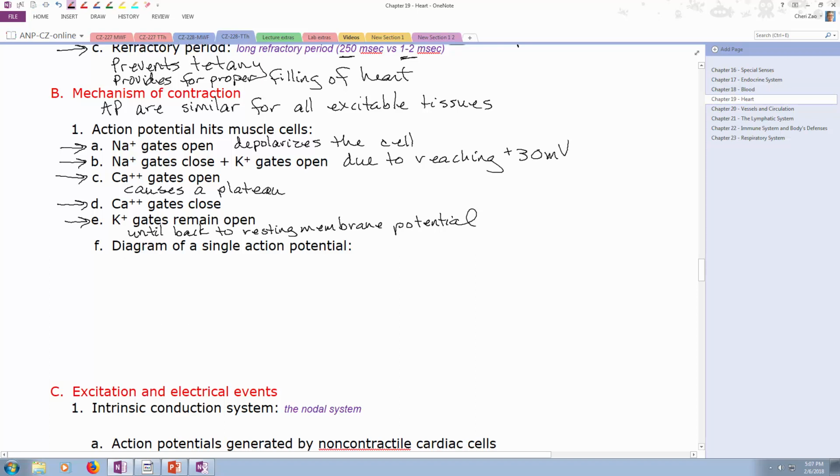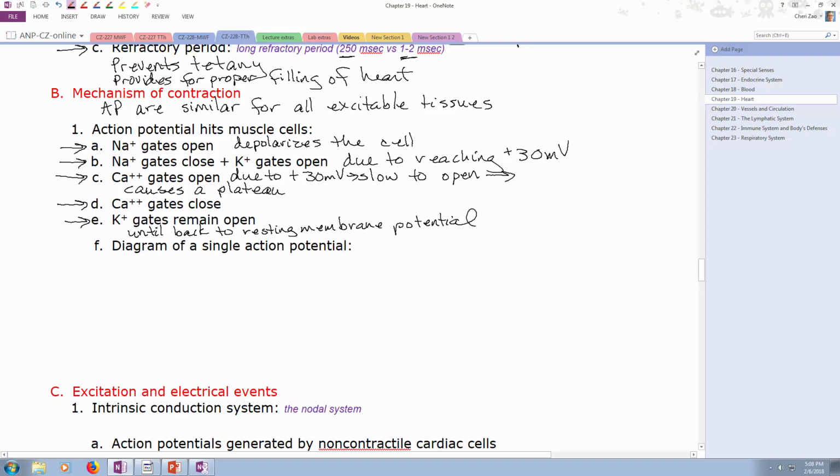Calcium gates also open because of this positive 30 millivolts, because calcium gates are voltage sensitive. Interestingly, they are slow to open. And that slowness to open is part of what causes this plateau also.